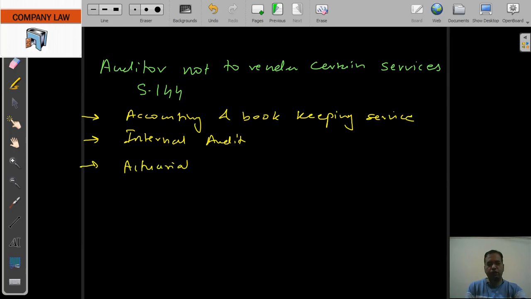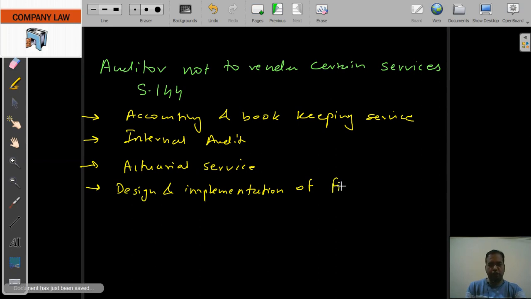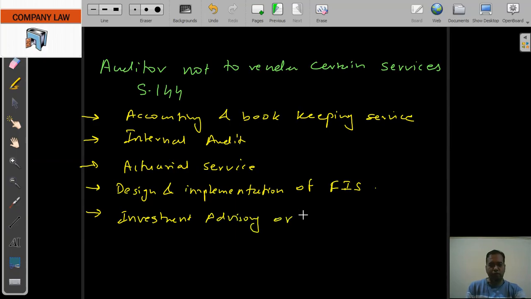Actuarial service, design and implementation of financial information system, investment advisory or banking service, investment banking service, management service.